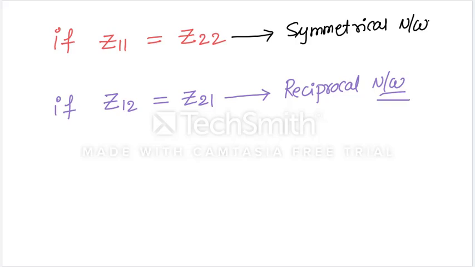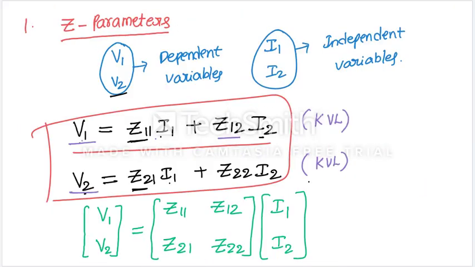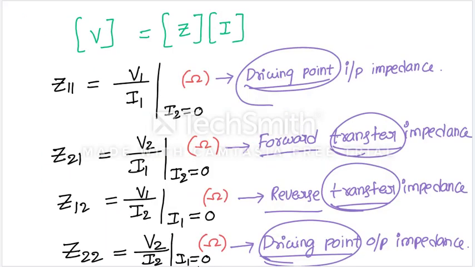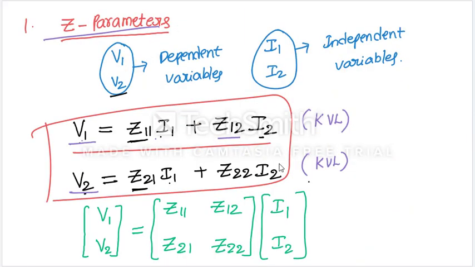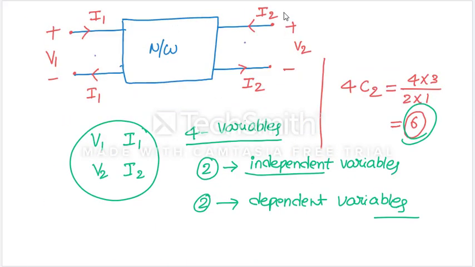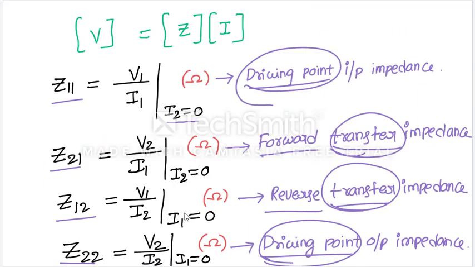So this is about the Z parameters. You can see here, to get Z11, Z12, Z21, Z22 we should make I2 equal to 0, the second port current is 0, and next to get the others we should make the first port current I1 equal to 0.